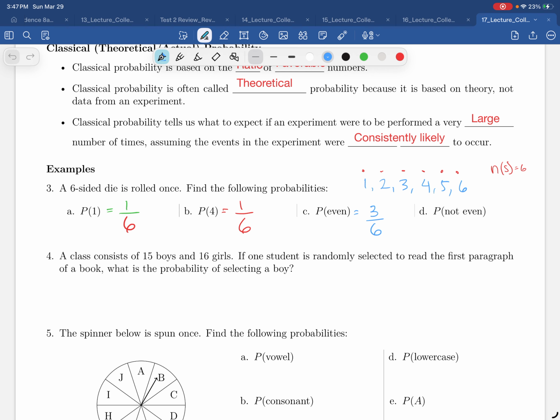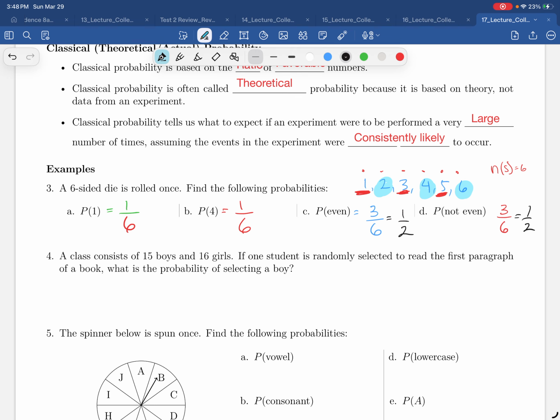Well, if the blue ones represent the evens, then all the ones that are not highlighted currently would be the not evens. So 1, 2, 3 of them. There's 3 not even numbers out of 6 total. You'll notice 3/6, you can even leave it like that. There's nothing wrong with that in my opinion. Now, some people want you to reduce these down as much as possible, and we can say that that's 1/2.